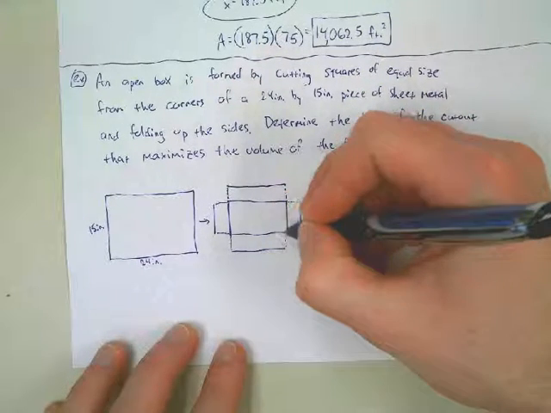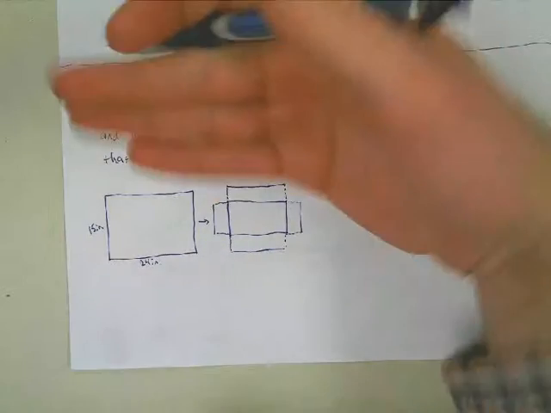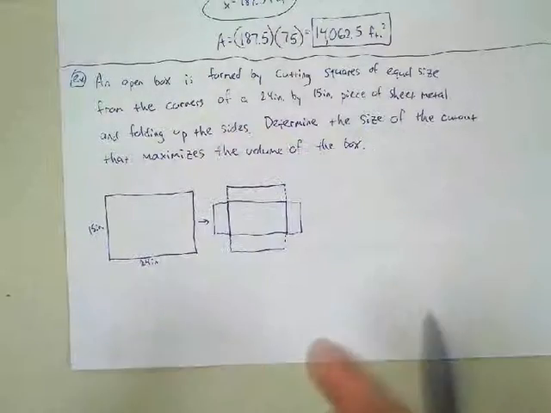So that inner rectangle will be the base of our box, and then we fold up those sides to create our box. Maybe like a weld or something like that to seal the corners.